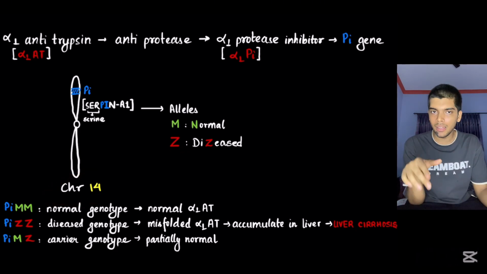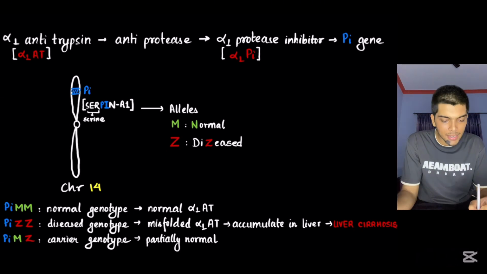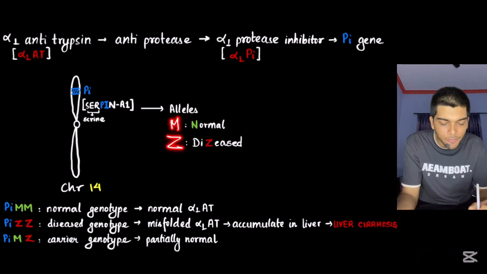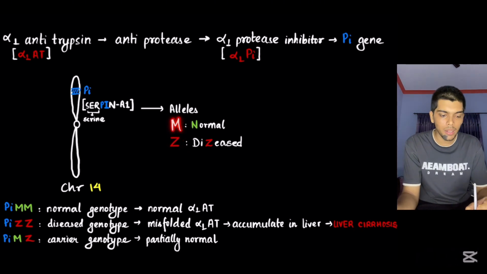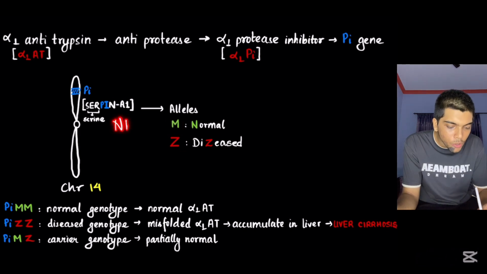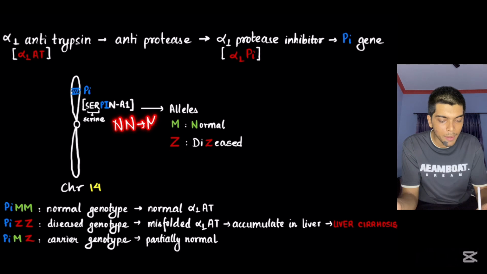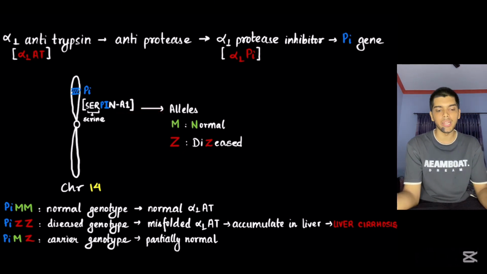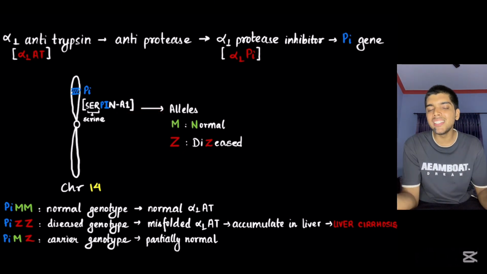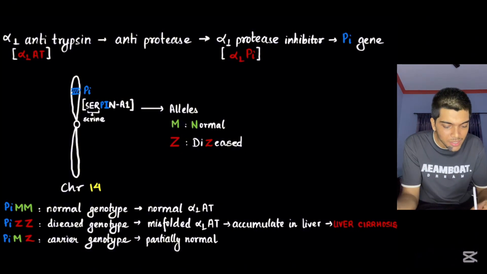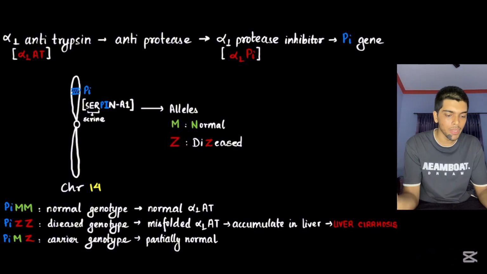And this gene has two allelic forms: the M form and the Z form. M is normal; if you combine two N's together, let's say normal, you get an M. So it's the normal allele. Then Z: if you spell diseased, it has a Z. So Z is the diseased allele. These alleles are obviously present in pairs.